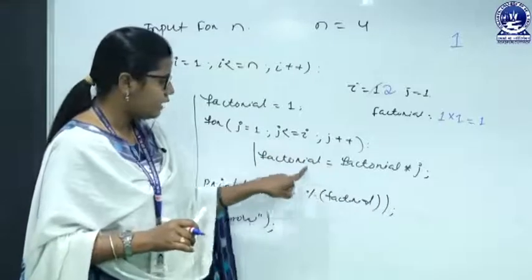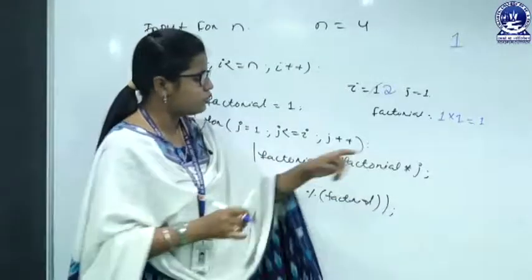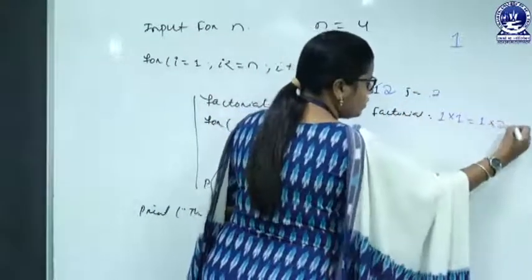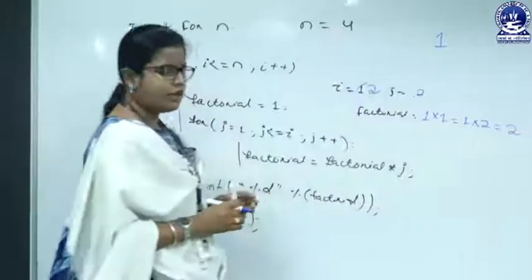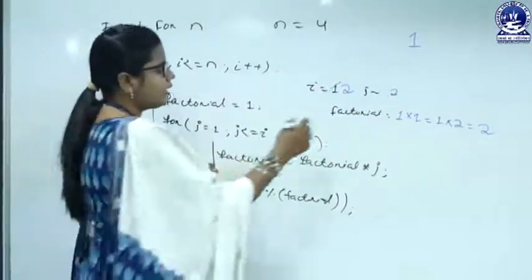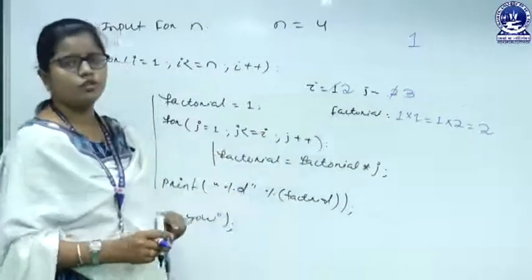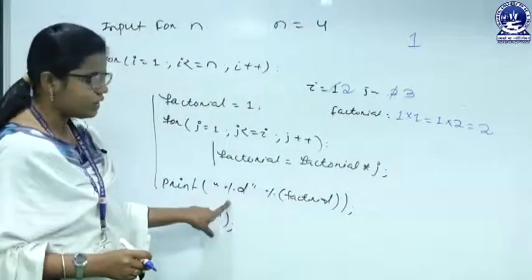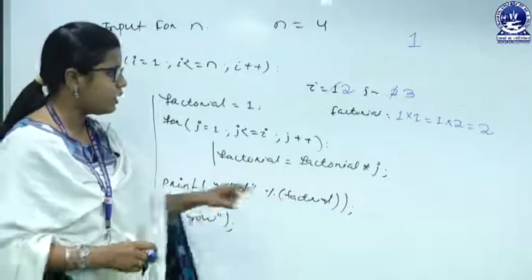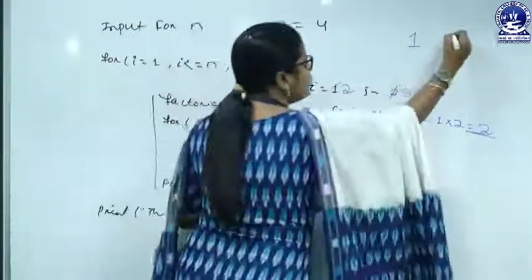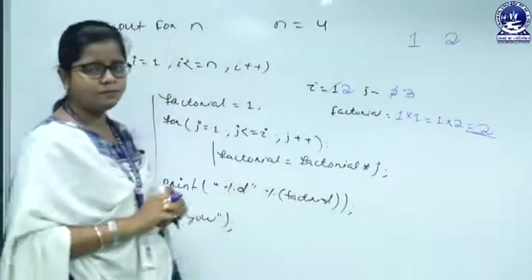Then we will go here, factorial equals factorial into j. So what is the j value? 2. So 1 into 2, what is that? 2. Then j will be incremented and j will be 3. So 3 less than or equal to 2, condition false. We will go here. Percentage d factorial. So what is the value of factorial now? 2. Then 2 will get printed here.